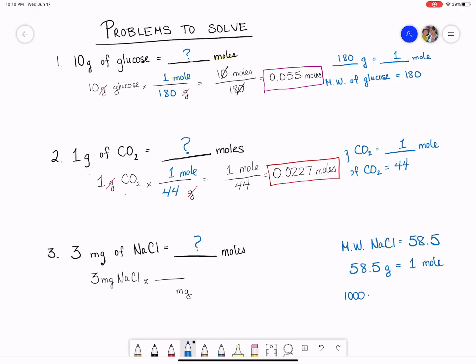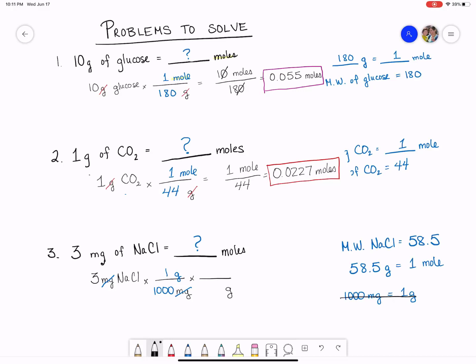So recall that 1,000 milligrams equals 1 gram. So I'm going to go ahead and start with that to go from milligrams to grams. I'll put 1,000 down at the bottom, 1 gram at the top, milligrams cancels out, and now I'm in grams. I don't want to be in grams, I'd like to be in moles. So I'm going to do another multiplication sign, a line, and grams goes at the bottom.